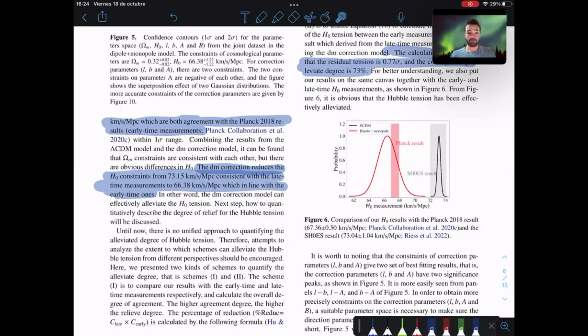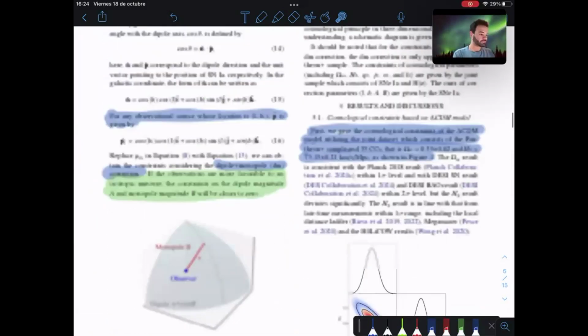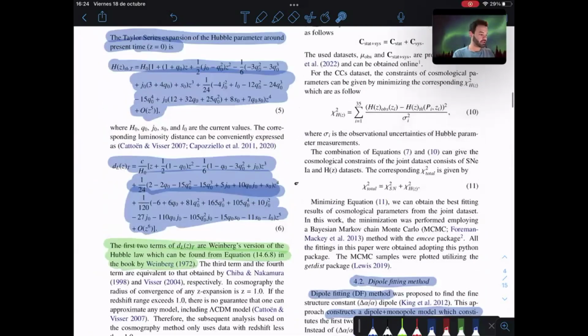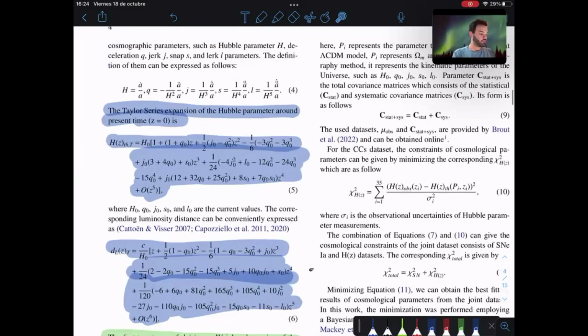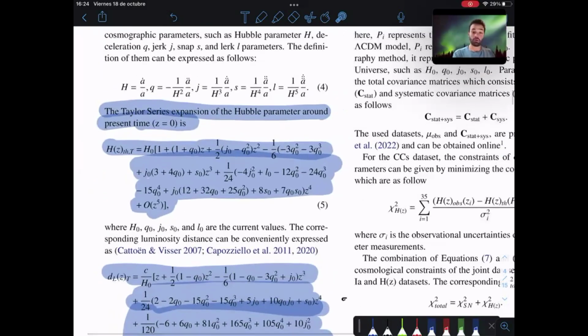The second method they used to try to prove this was modifying this Hubble parameter, basically doing a Taylor series expansion of the Hubble parameter around zero, which can be expressed in terms of this equation number 5.